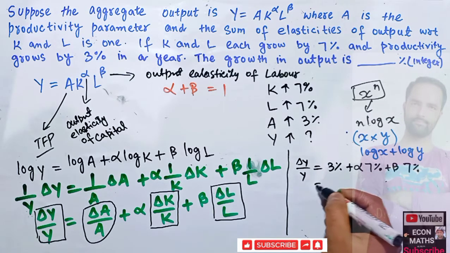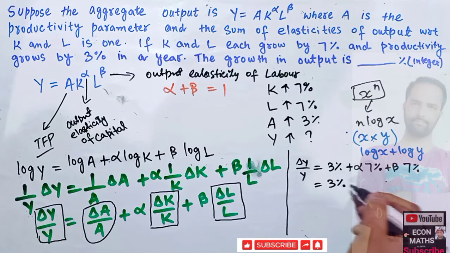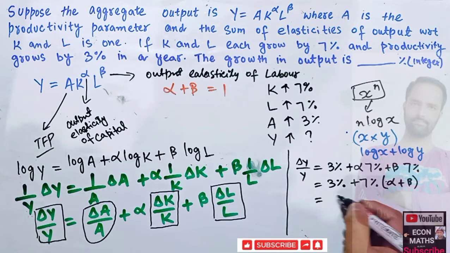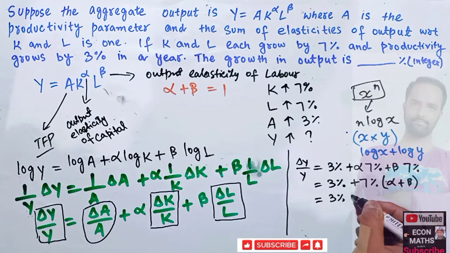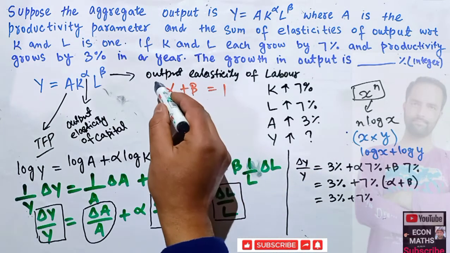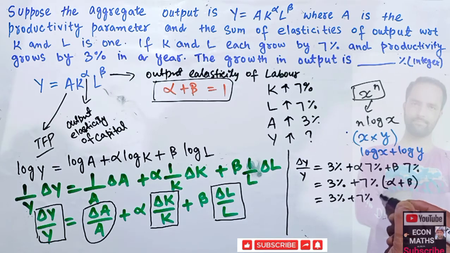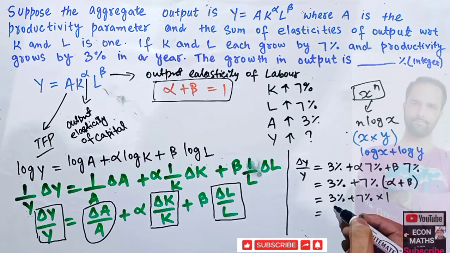If we take 7% common, we are left with alpha plus beta, so 3% plus 7% times (alpha plus beta). The sum of output elasticities of capital and labor is equal to 1. So we are left with 3% plus 7%, which is equal to 10%.